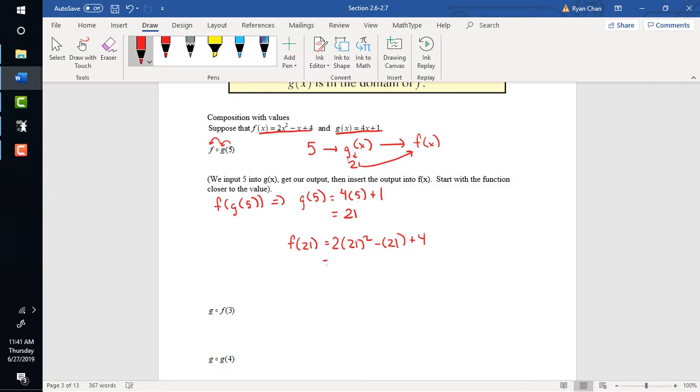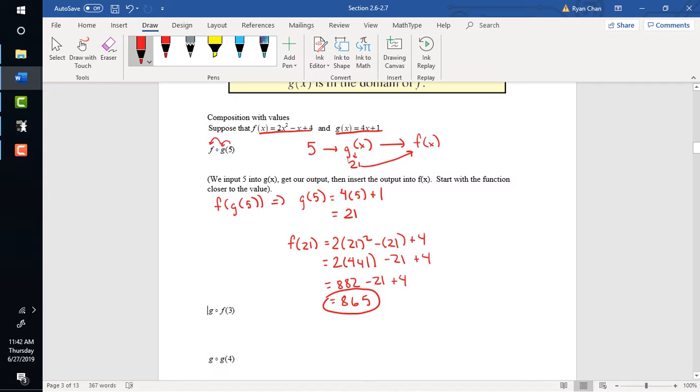So I have 2 times 441 minus 21 plus 4. 2 times 441 is 882 minus 21 plus 4. I'm throwing this in my calculator, and I should get 865. And that's my final answer right here.